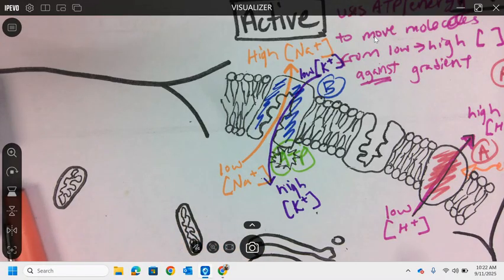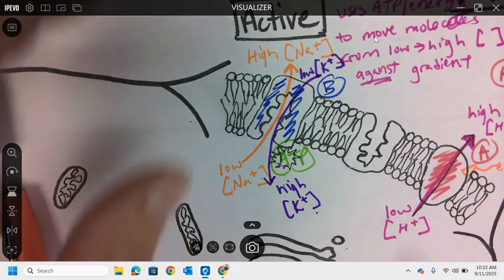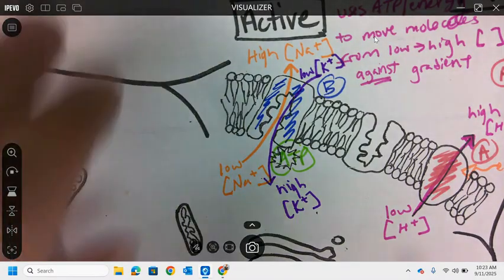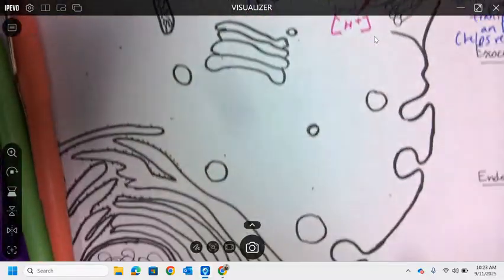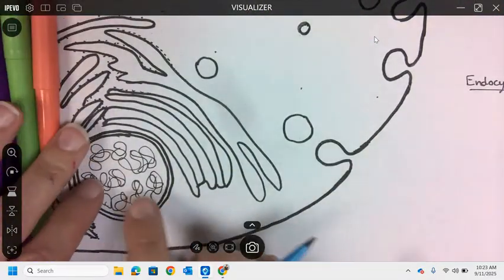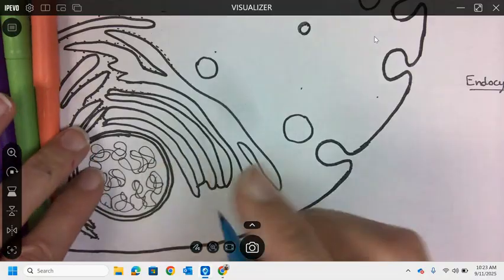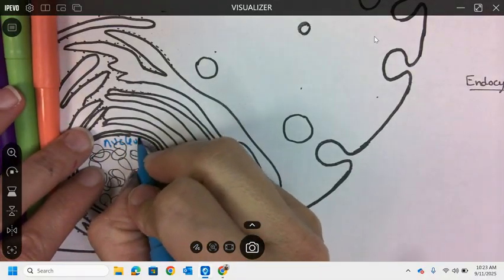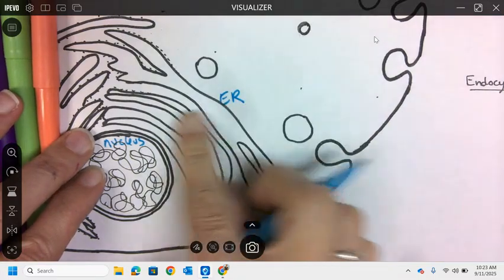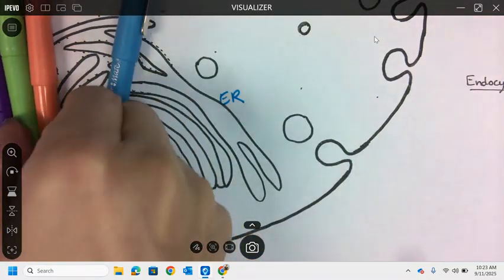Another example of active transport is endocytosis, and another one is exocytosis. So we'll start actually with exocytosis. To start with exocytosis, that actually involves us going all the way back over here. So here we have the nucleus. Here we have the ER. On the ER, you can make things like proteins.